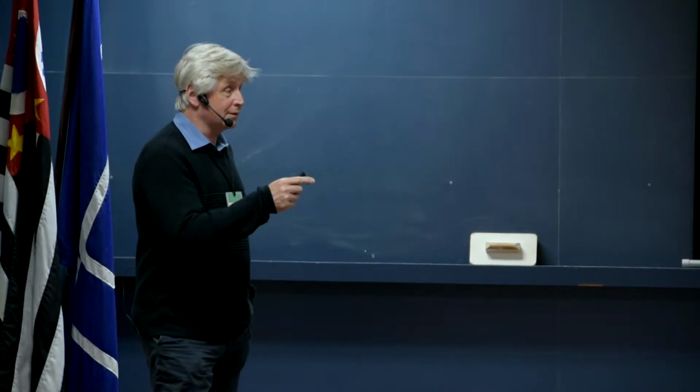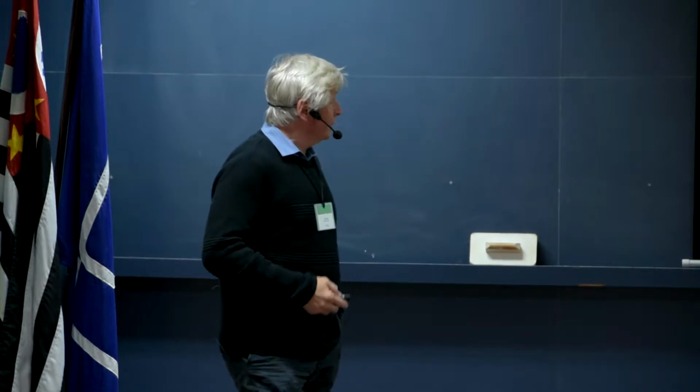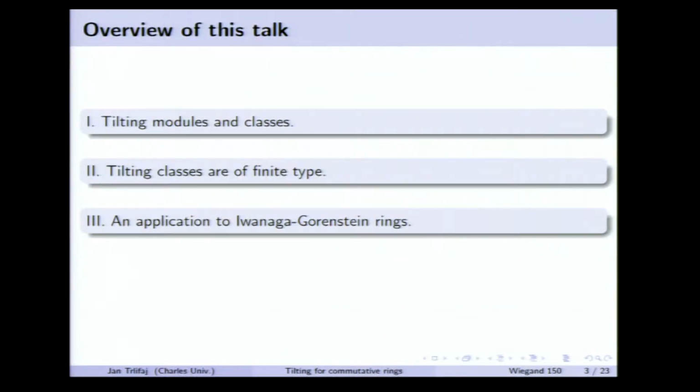You just replace the single tilting module by a set of finitely presented, and this has very nice consequences for the structure theory. Then I will give one application to computing the finitistic dimension of Iwanaga-Gorenstein rings in the not necessarily commutative case, just to show you what you can do with this finite type theorem.